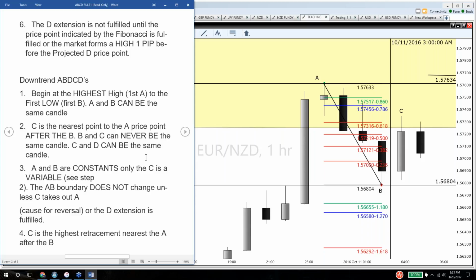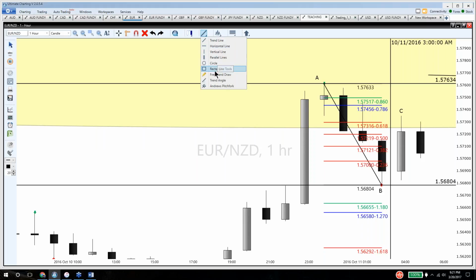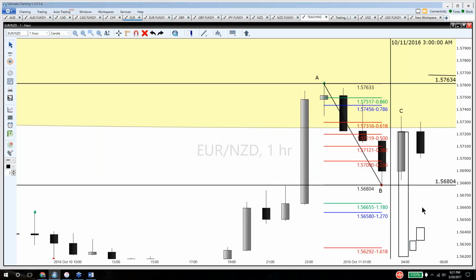In the event of a fundamental announcement, we'll talk about the D extension in a minute, but if the market were to aggressively, let's say this candle is massive, nail the D target and then give me a low in the direction of the trend, right? So this is now a low. Has anything changed within the constraints of this AB boundary?